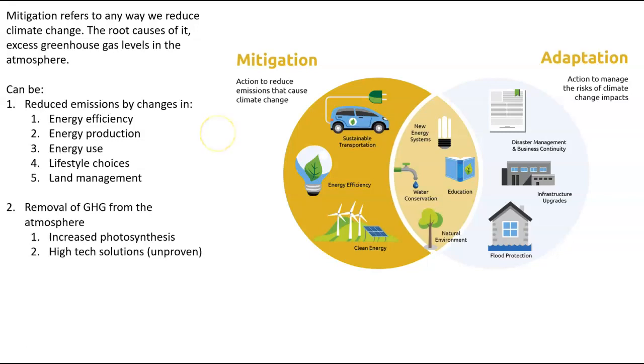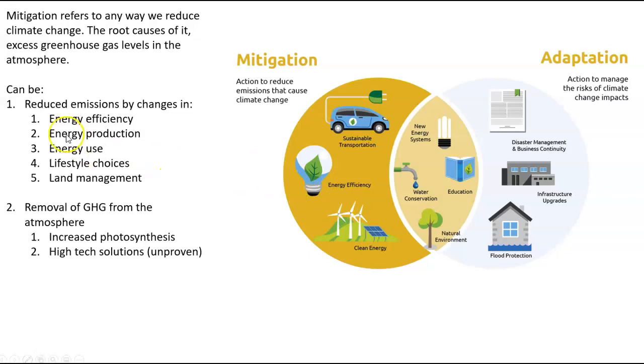So mitigation refers to any way we reduce climate change. The root cause, the levels of greenhouse gases in our atmosphere, needs to be limited. And there are basically two ways. We can reduce the emissions so that we don't add more, or enhance removal of greenhouse gases from the atmosphere, because it's the level in the atmosphere that we need to impact.